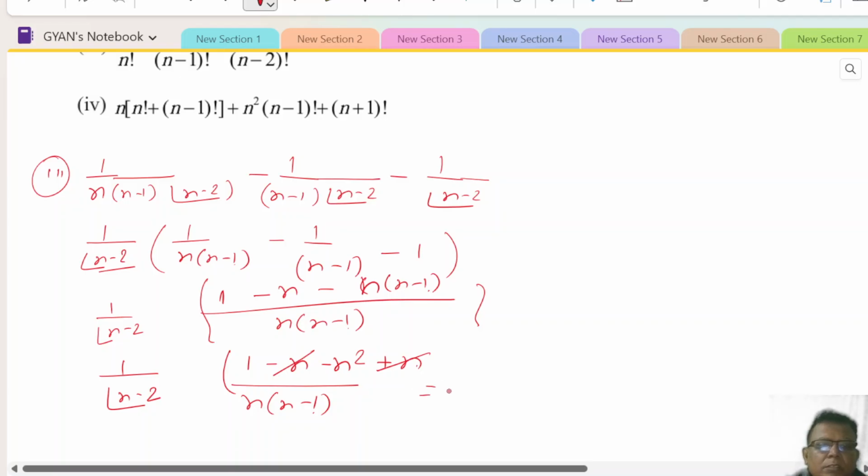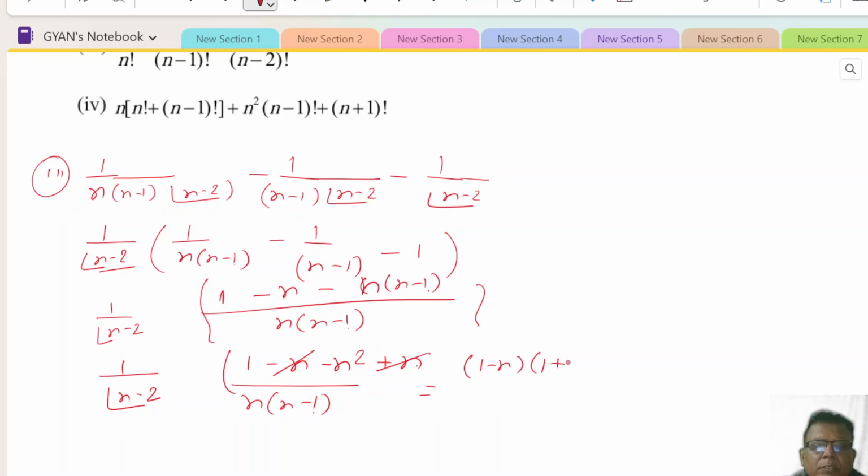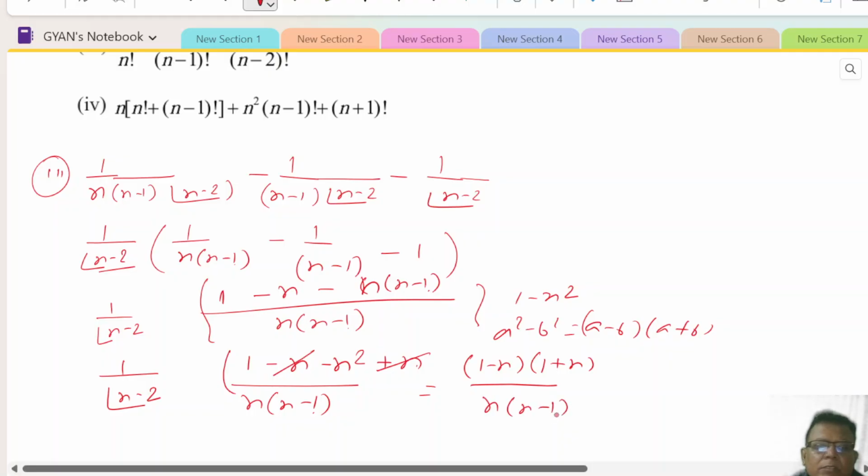So that is equal to 1 minus n into 1 plus n. Same formula, a square minus b square is equal to a minus b and a plus b. So 1 minus n square, divided by n into n minus 1.